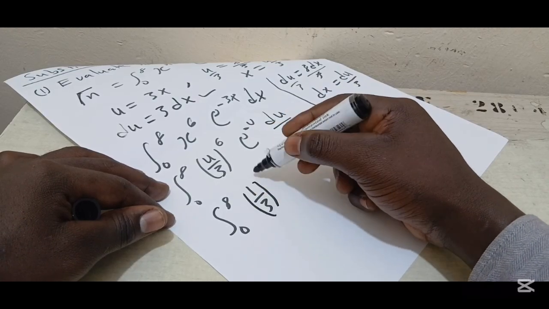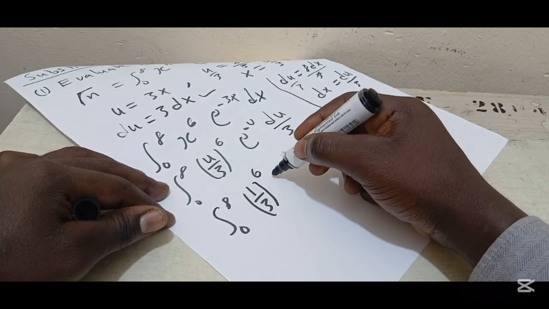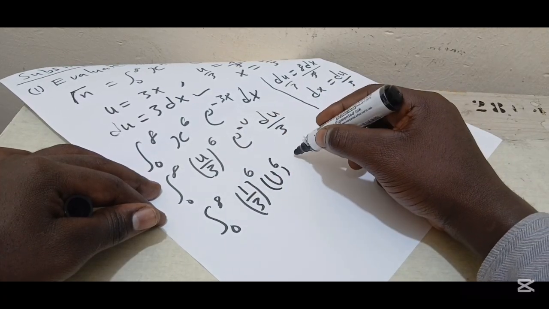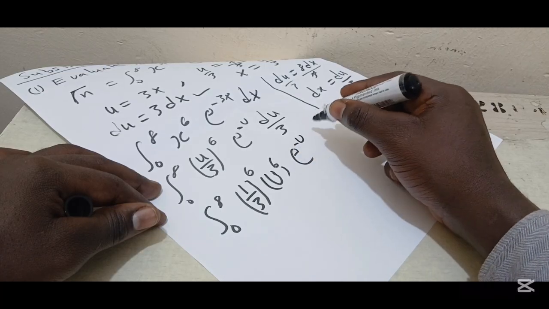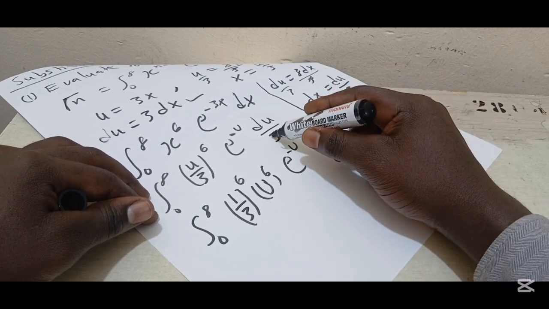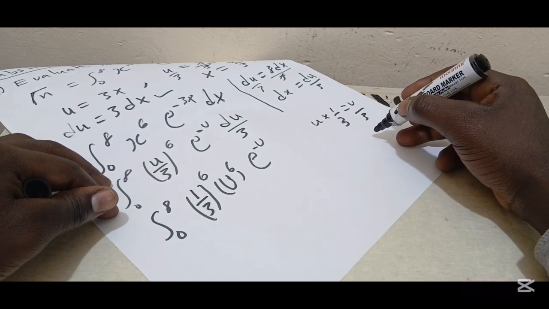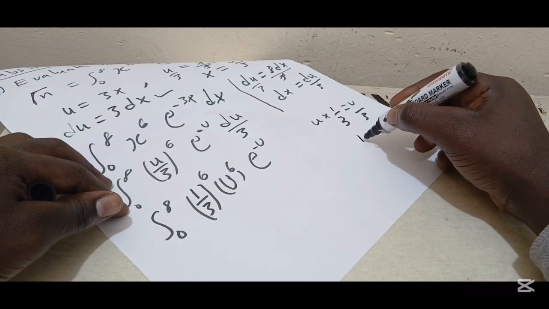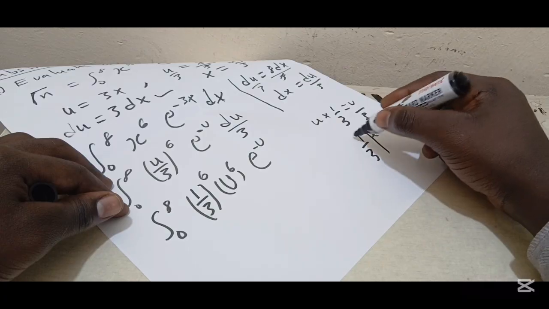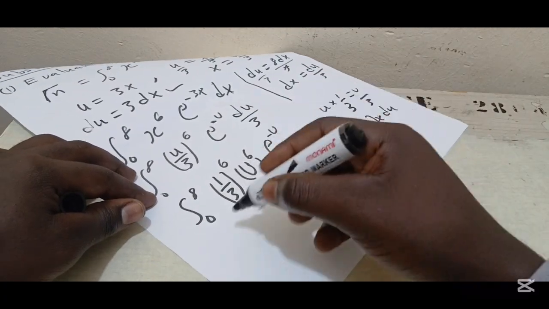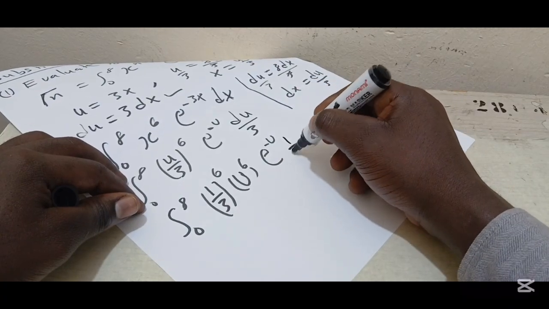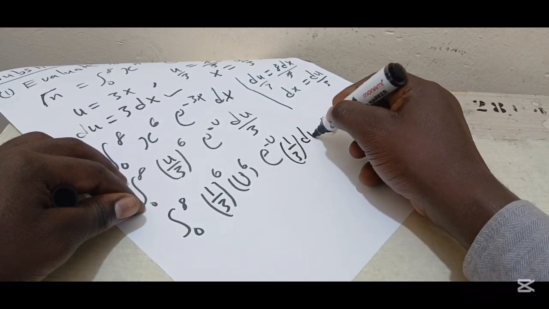So power 6, and u power 6, and e to the power minus u. And this over 3 here is the same as 1 on 3 multiplying, so we can just isolate this here, 1 on 3, then we bring our du here.